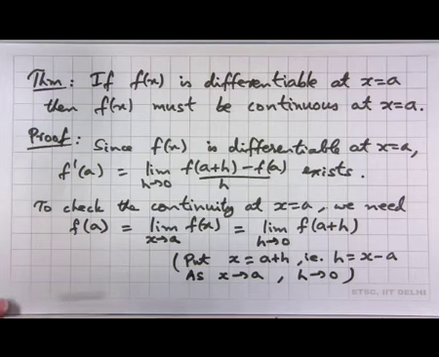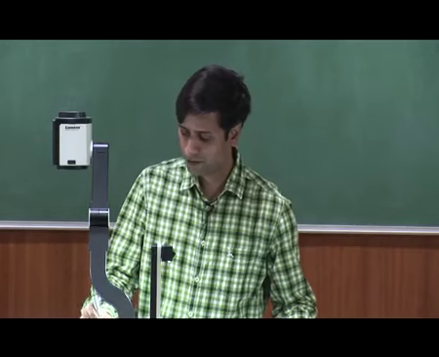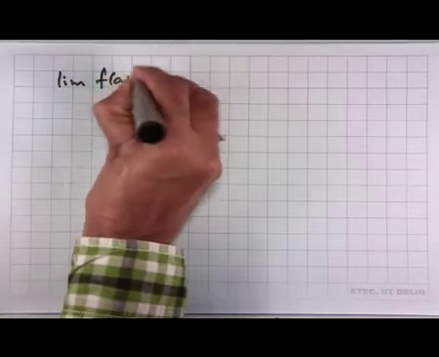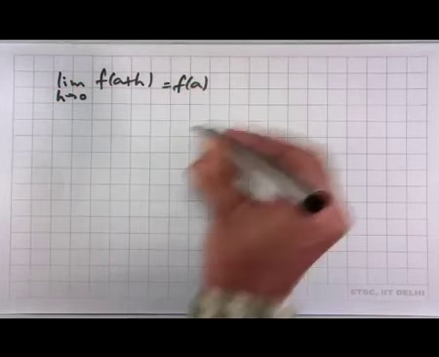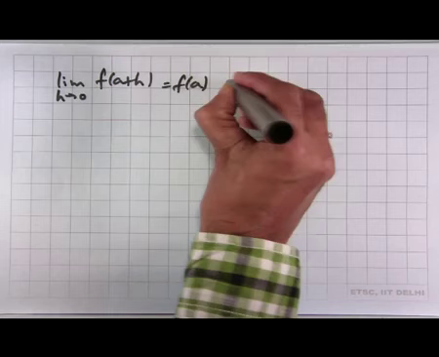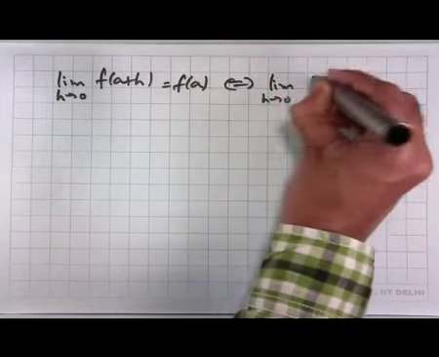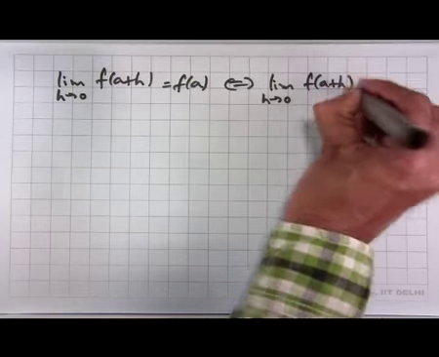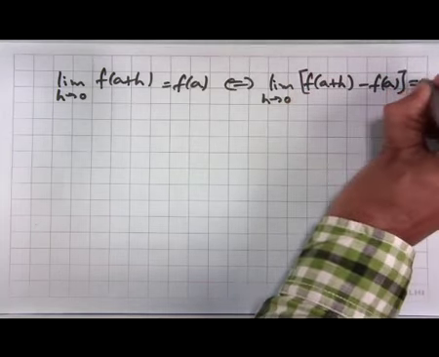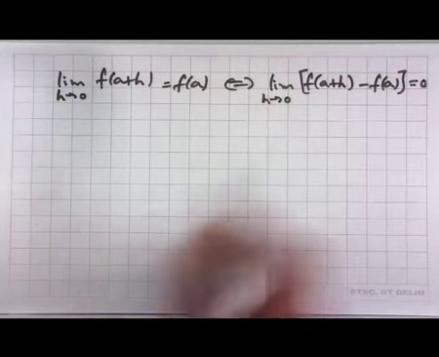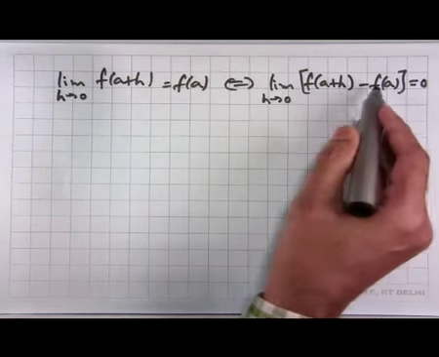Now, this is the same thing as, limit h going to 0 of f of a plus h minus f of a equal to 0, right, because the limit of this constant function f of a as h approaches 0 is f of a.